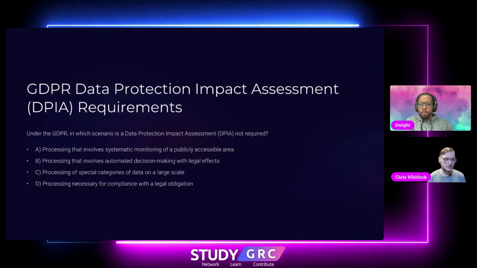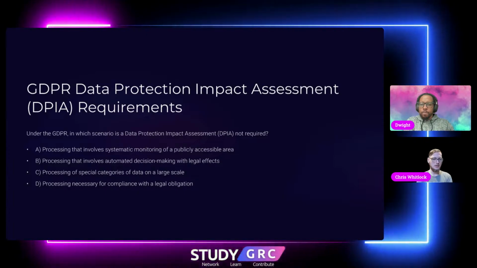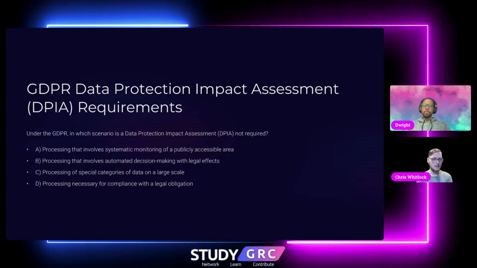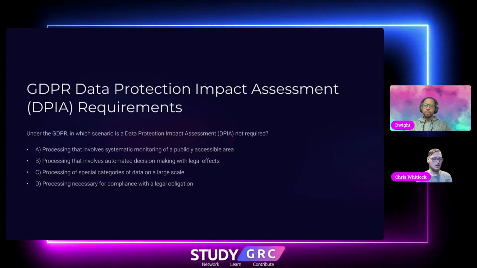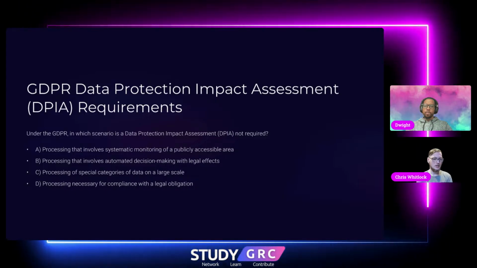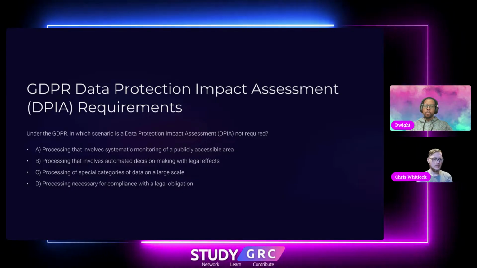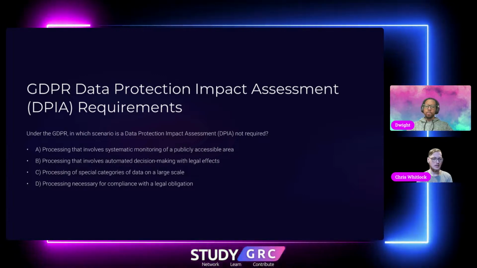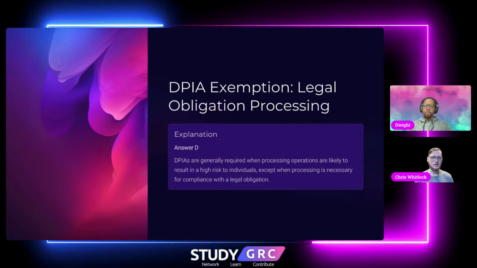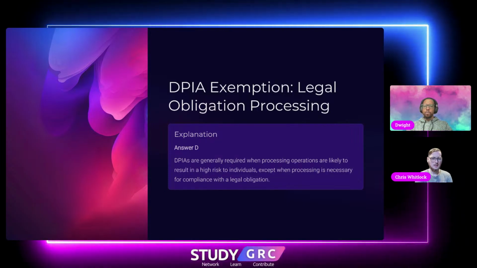A, processing that involves systematic monitoring of a publicly accessible area; B, processing that involves automated decision-making with legal effects; C, processing of special categories of data on a large scale; or D, processing necessary for compliance with a legal obligation. And the correct answer is going to be D.